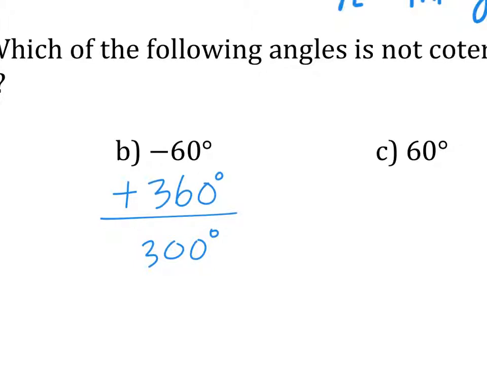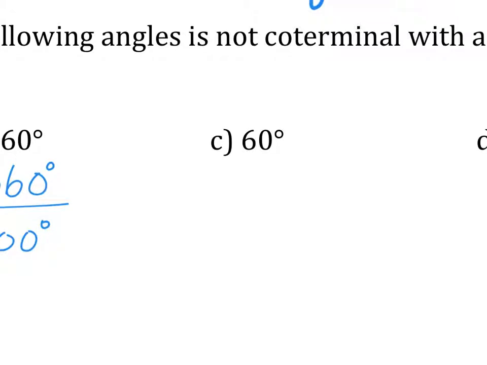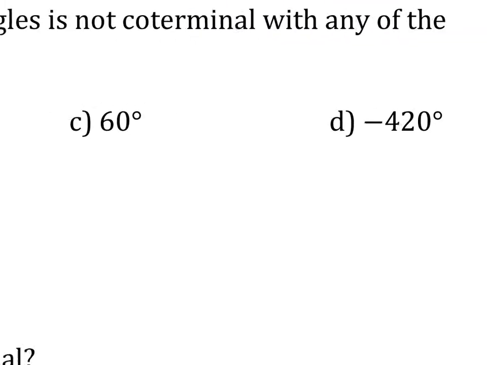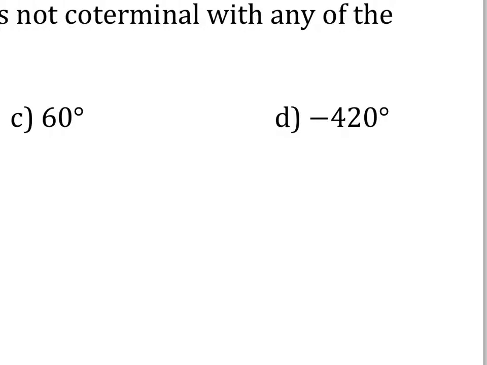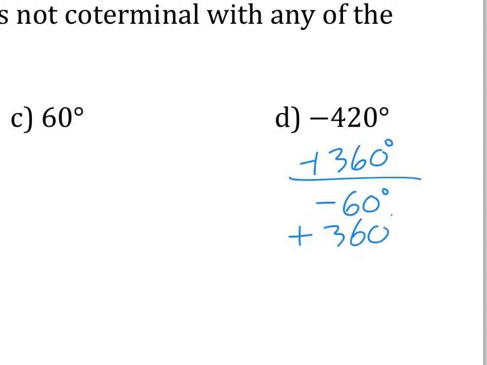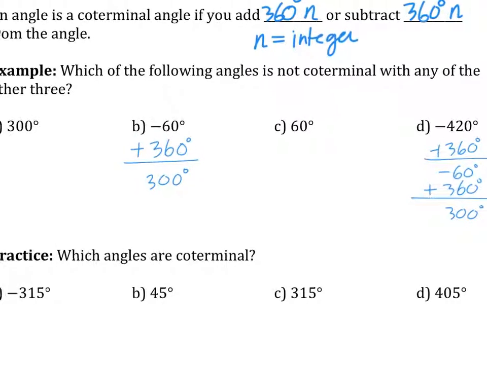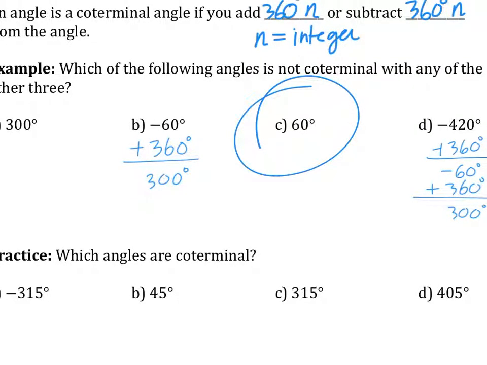Okay, ends on the same place. 60 is already within 0 to 360, so leave it alone. D, negative 420. Is that between 0 and 360? No, so what do we need to do? Add 360. If you add 360, it is negative 60. It's still negative, so add another 360. All right, 300 degrees. Which one is not the same as the other ones? C. Okay, so this is how you check. It will be the fastest way to check.